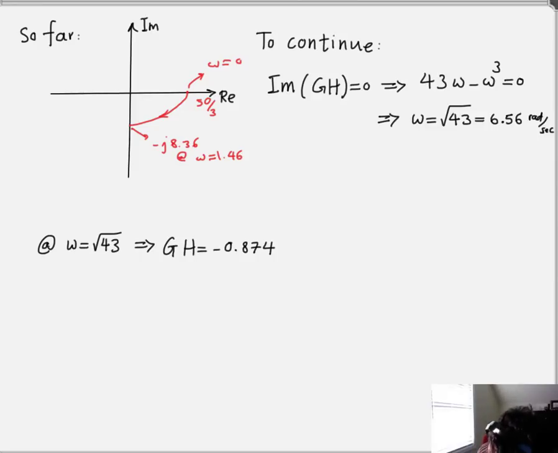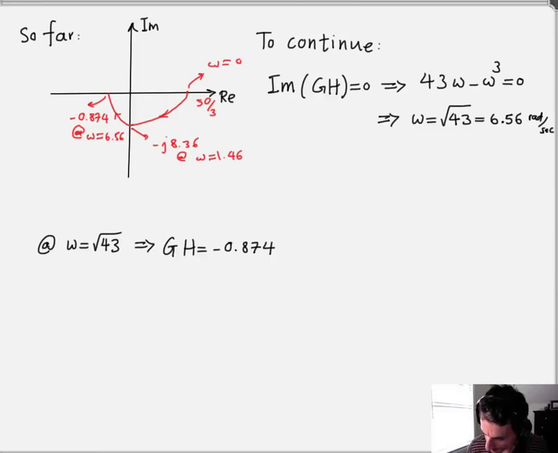So just to continue the plot, it's actually going to look like this. And this point here is negative 0.874. And of course, this happens at what frequency? At a frequency of omega equal to 6.56 radians per second.